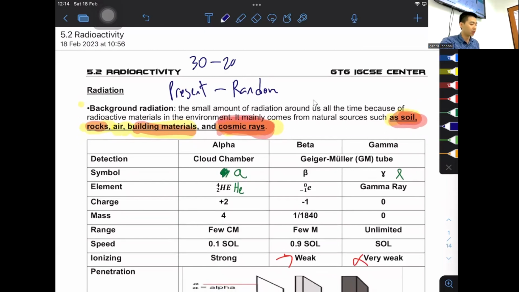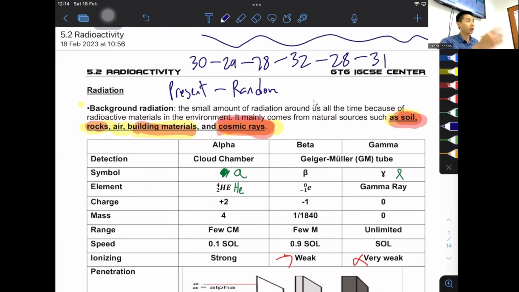Next instant, maybe 29. Next instant, maybe 28. But the next instant, maybe it will become 32. Maybe 28. Maybe 31. If you think about the chart, it fluctuates up and down. So these are the 2 characteristics: always present and randomized. It will keep fluctuating up and down.